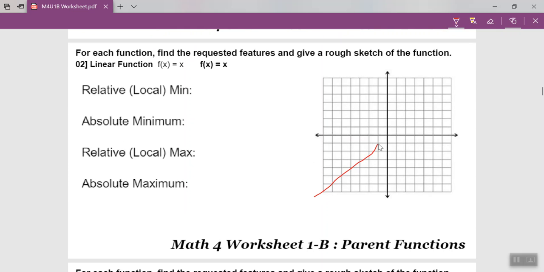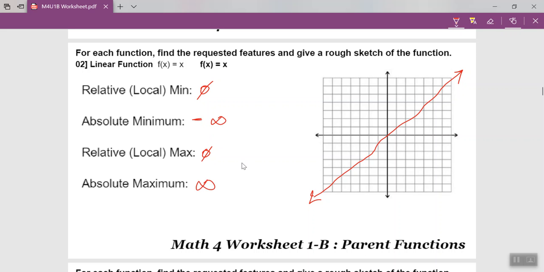When we start talking about maxes and mins, there's not really going to be a local min or a local max, because the absolute minimum is going to be negative infinity and the absolute maximum is going to be positive infinity.